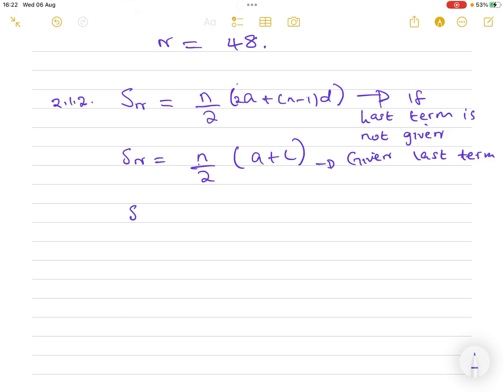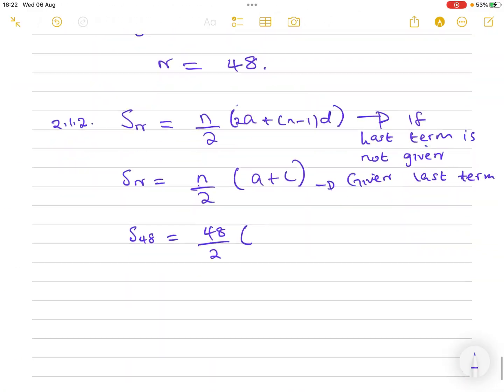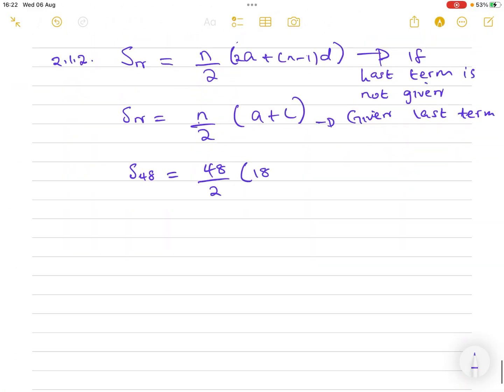So we have S, and we want to find the sum of all the terms. We know the terms are 48. So it will be 48 divided by 2, and then the first term here is 18, and then we have 18 plus 300.